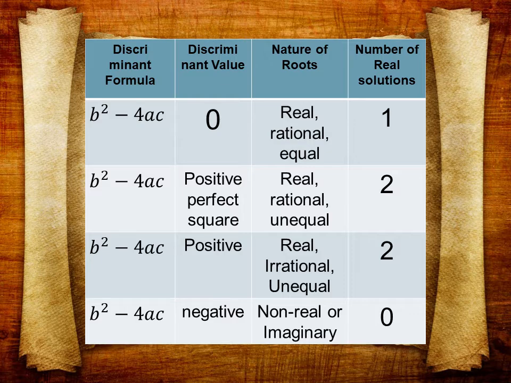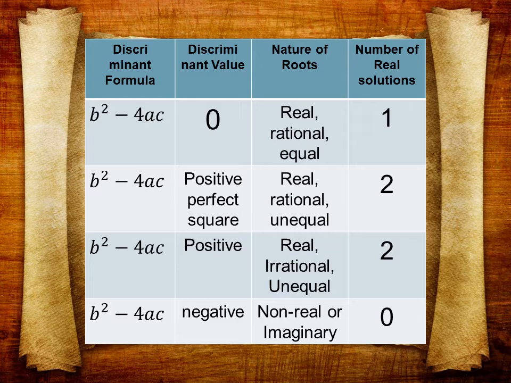For the second row, we have b squared minus 4ac as your formula. And out of this formula, if you got a positive perfect square, what are those numbers? All positive numbers. And perfect squares, I'll give you the first 10: 1, 4, 9, 16, 25, 36, 49, 64, 81, and 100, and so on.